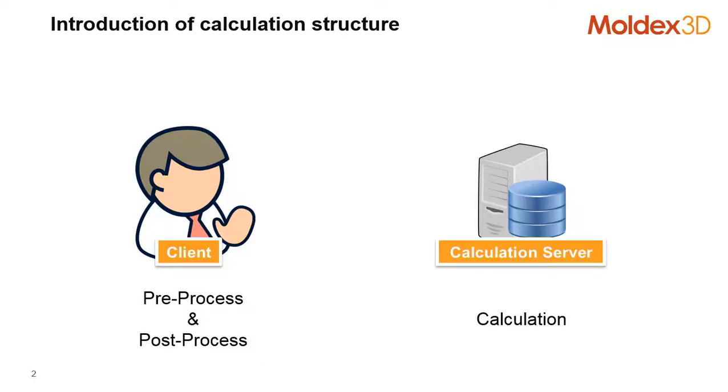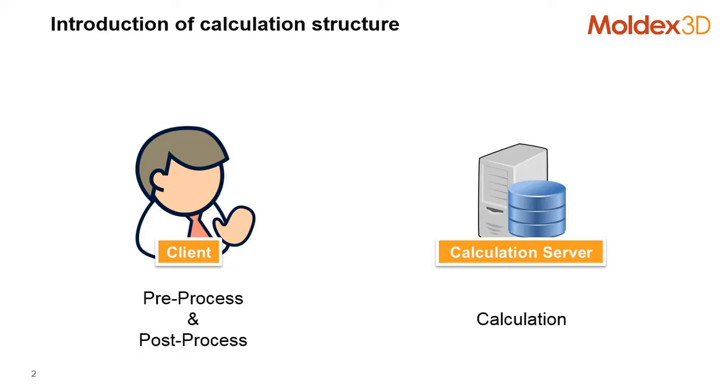Okay, so here we need to do a brief introduction about the definition of your computers that we will later talk about. The first one is the client. The client is the computer you do the pre-process and the post-process. We will need to make the mesh and set up the computation parameters and also the process parameters in the project.